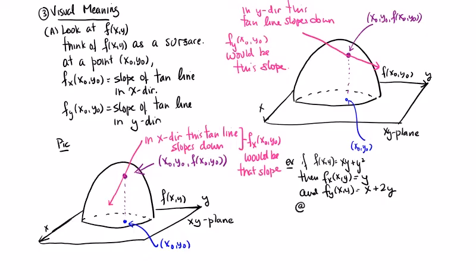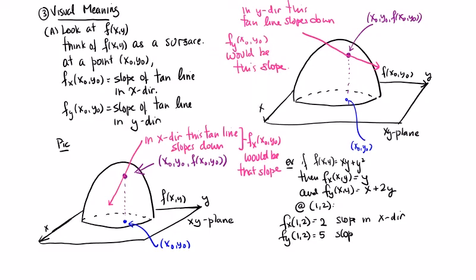Then we could say, for example, at the point 1, 2, f sub x of 1, 2: now f sub x is just y, so this is 2. This is the slope in the x direction. Now we can take f sub y of 1, 2. This is x plus 2y, so this is 1 plus 4, which is 5.